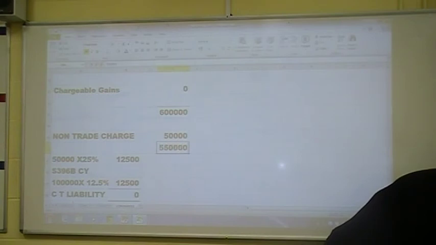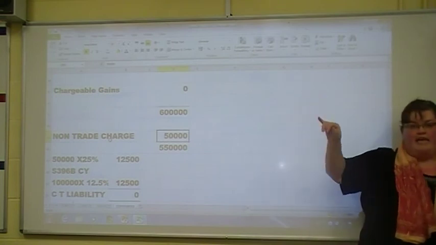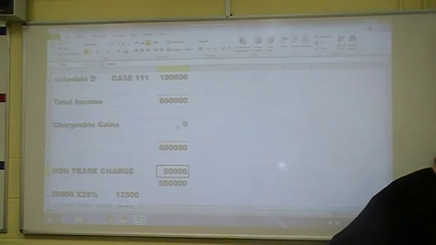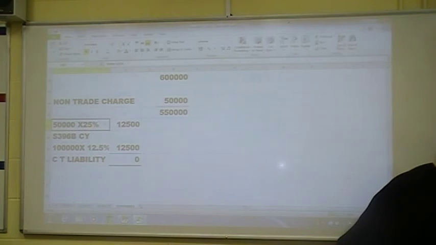And thinking about this non-trade charge, because it's a non-trade charge, you put it against your non-case 1 income first. So what's our non-case 1 income? It's our case 3. So we'd have 50,000 at 25%, which is 12,500, and we'd have the 500,000 at 12.5%.